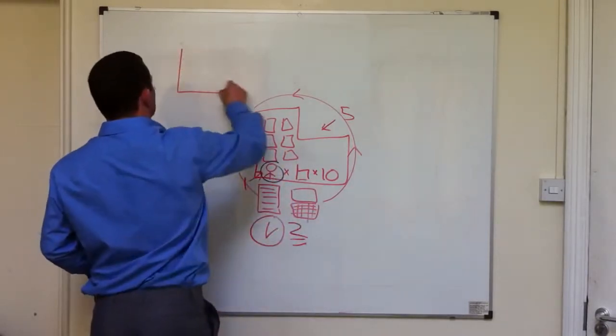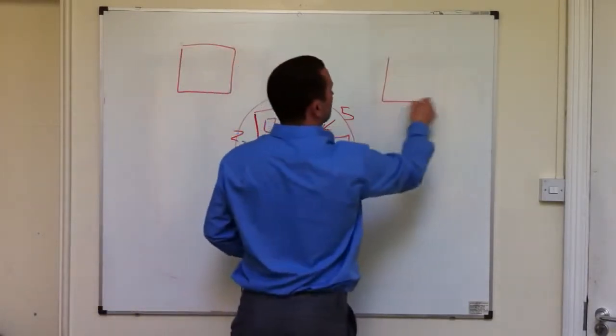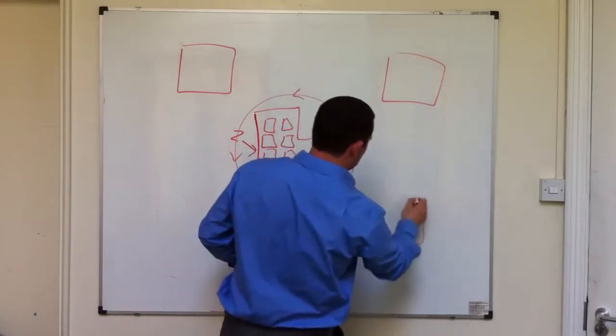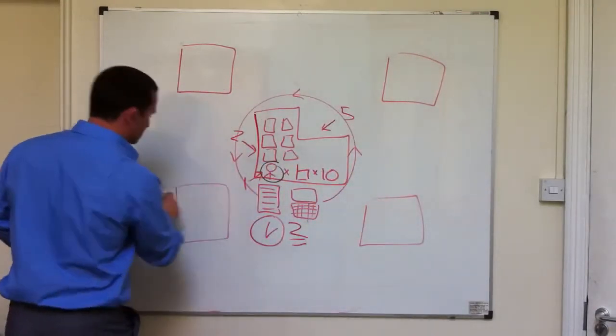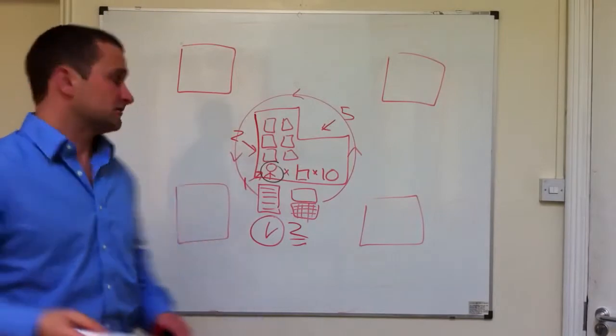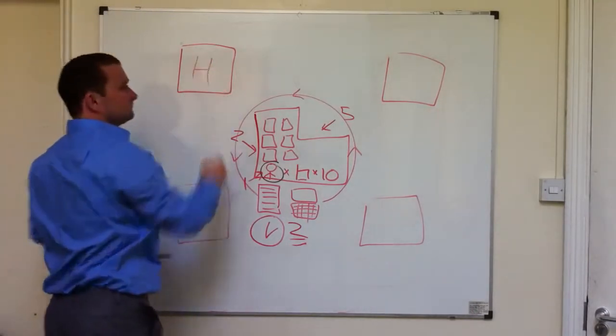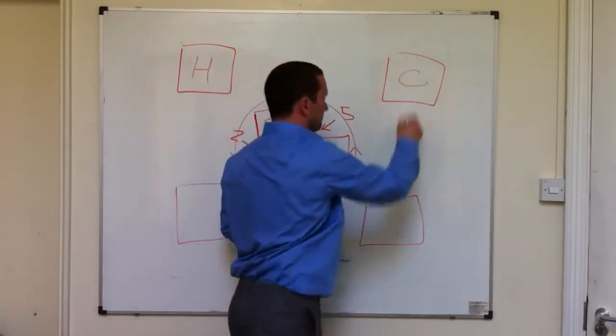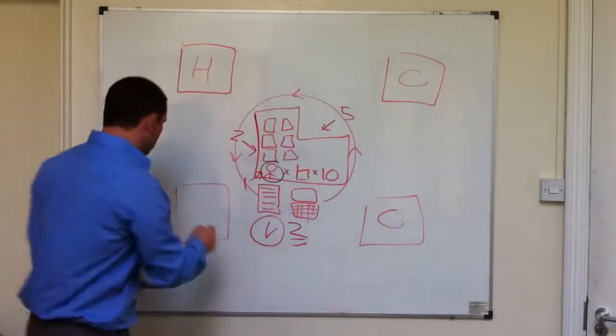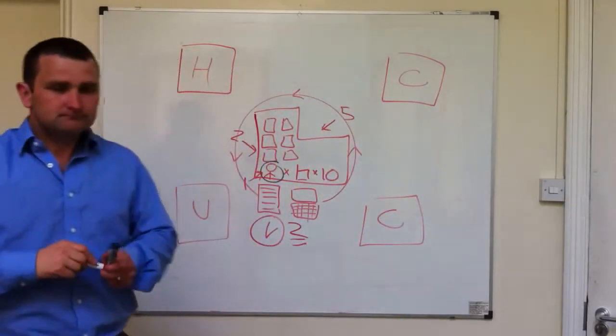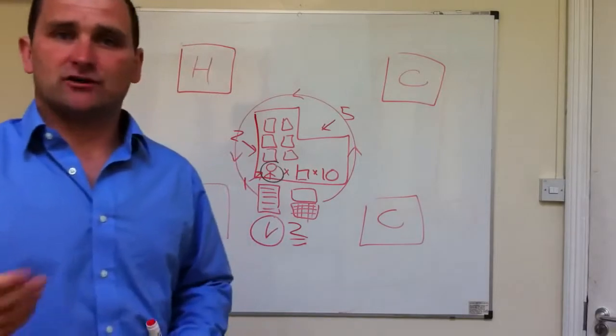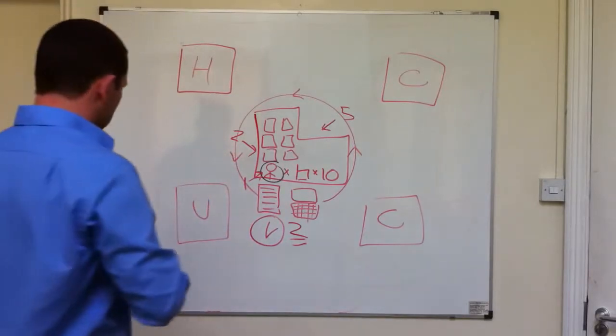Now, in the same city or town, there are other organisations who carry out similar activities. Could be a hospital, could be a council, could be a college, could be a university, but it could also be charities or any other large organisation.